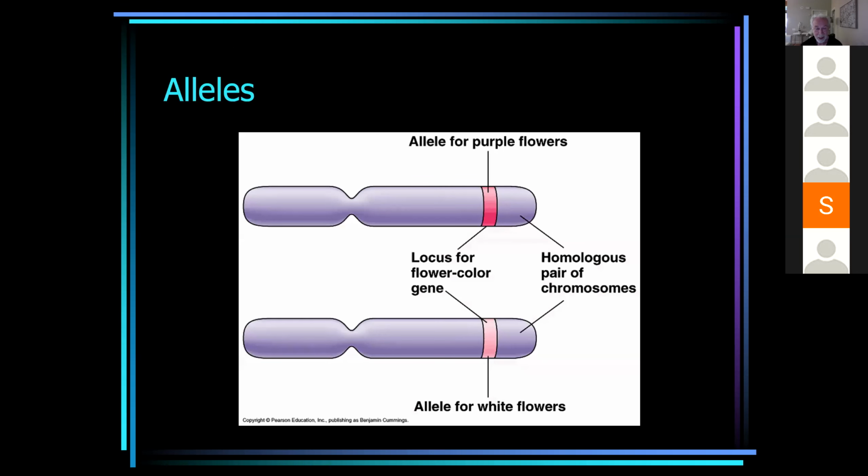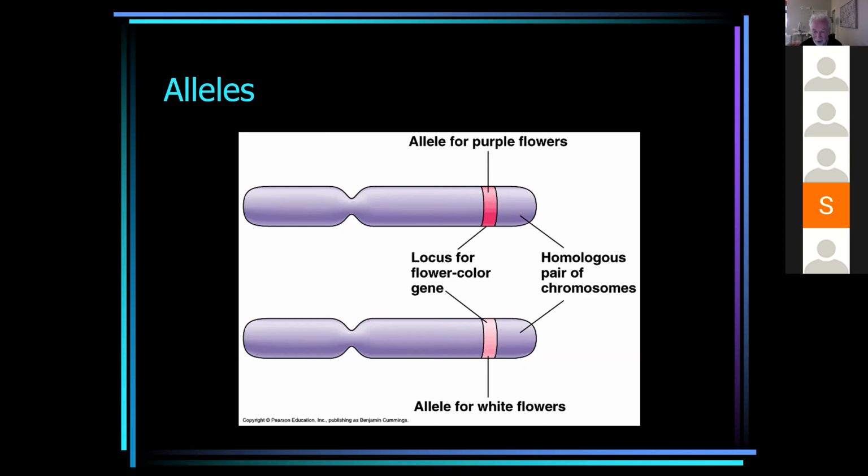So to elaborate on alleles, and someone asked about loci. A locus is just a place on the chromosome, usually designating a gene. So an allele would be a form of a gene on one chromosome differing from the same gene on the other chromosome.